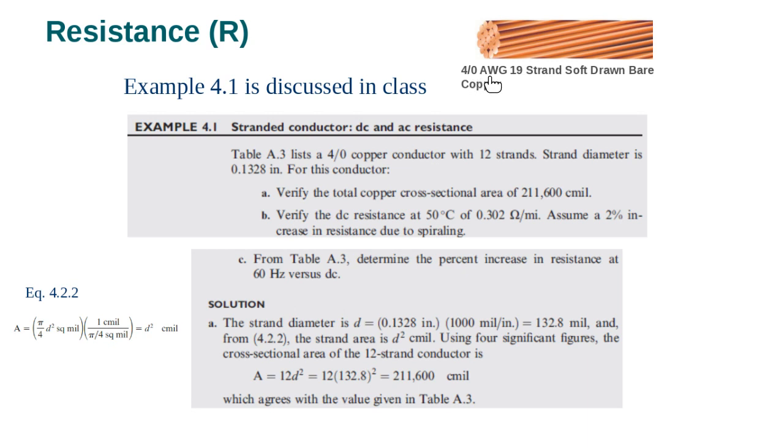This is 4/0 American wire gauge, so AWG. So the type is 4/0 and 19. We need to specify these two: 4/0, 19 strand. This means it has 19 of these circles.